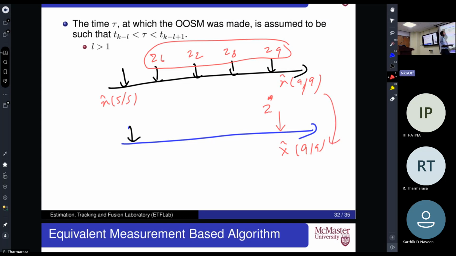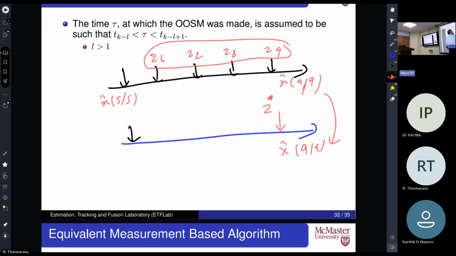That means instead of using those 4 measurements at different time steps, you just use this state and that measurement, and you get exactly the same output. Clear? So you want to find one measurement that is equivalent to all these 4 measurements. Information-wise, it is the same. So instead of using those 4 measurements, if you use one measurement, you get the same information at the end. That is the idea of equivalent measurement.